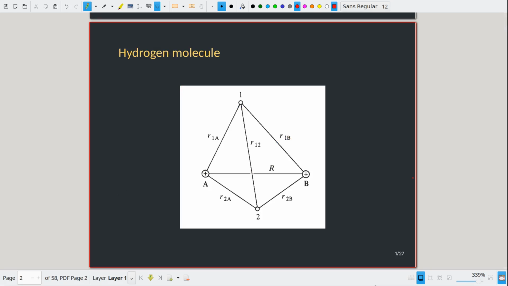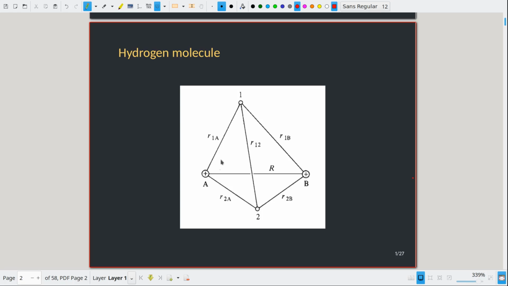So we've got two hydrogen atoms, so we've got two nuclei, one that we indicate here with the letter A, and one that we indicate with the letter B, and we've got two electrons, one indicated with number 1 and the second one here with number 2.